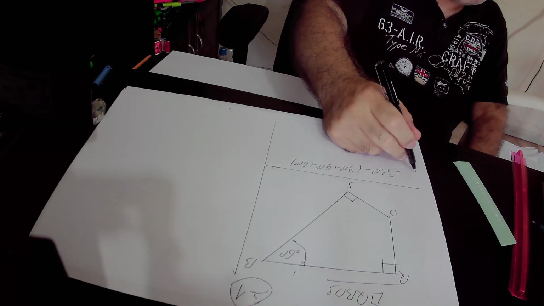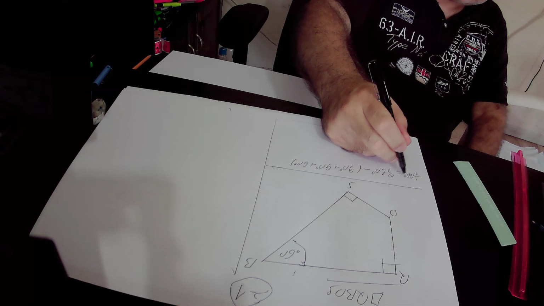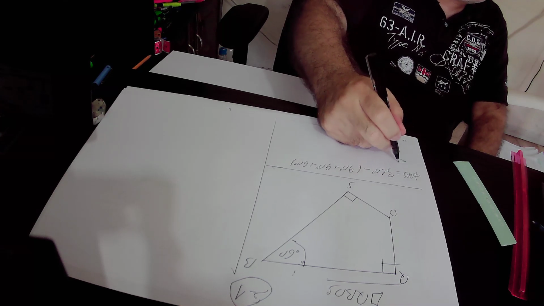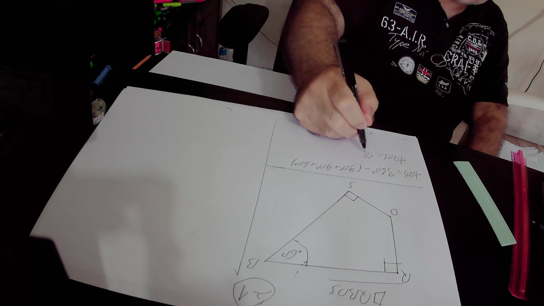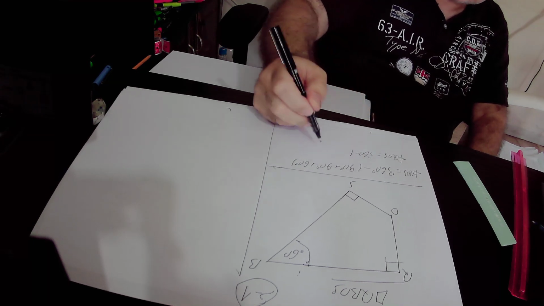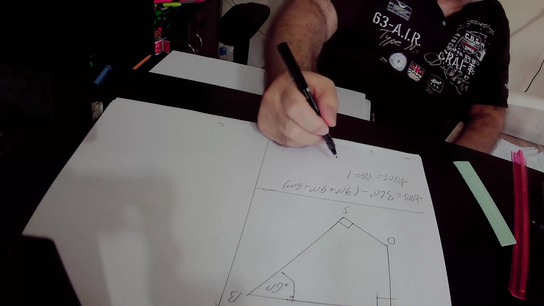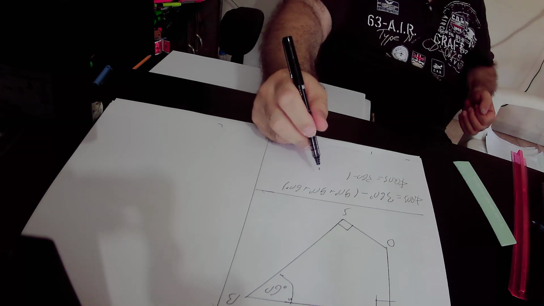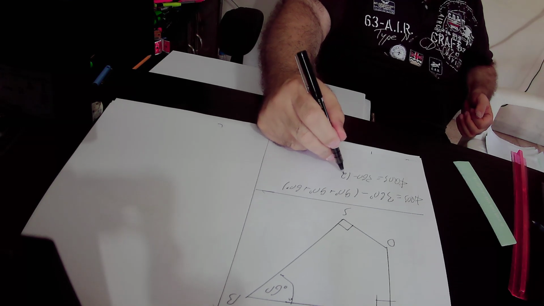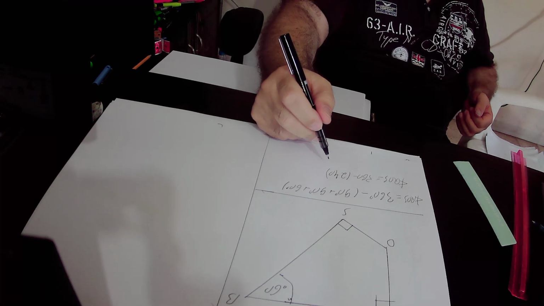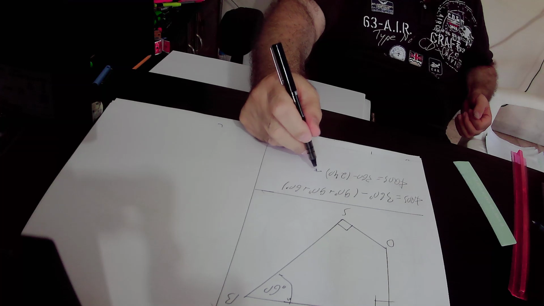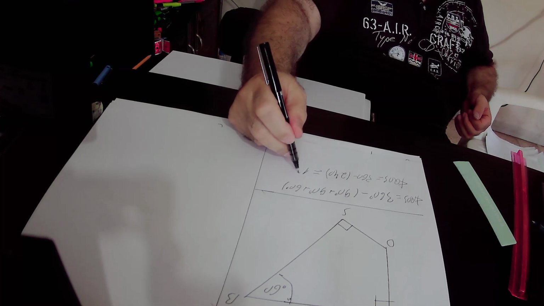Okay. So the missing angle QOS will be equal to 360 degrees minus 90 degrees plus 90 degrees is 180 degrees. 180 degrees plus 60 degrees is 240 degrees. And 360 degrees minus 240 degrees is 120 degrees.